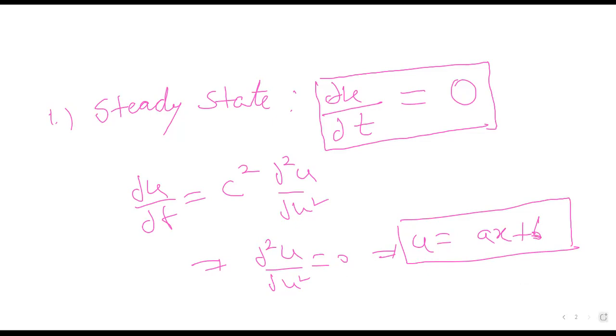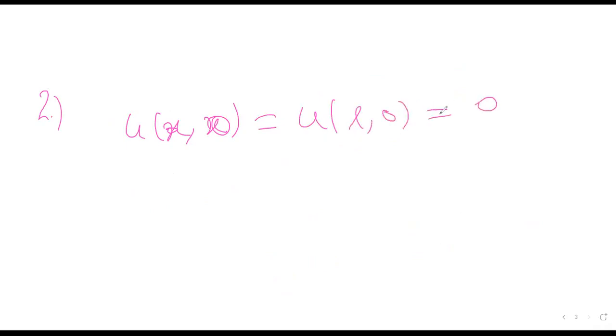Now, the second thing: there will be mainly two, three types of questions. The first type will be the standard type that you must have solved, where you will have initial conditions, then u(0, t) equals 0, and one or two additional conditions will be given to you.